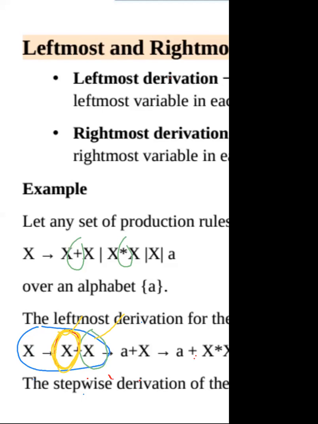If we replace the second non-terminal, that is the rightmost non-terminal on your right hand side, then it will be rightmost derivation. So simply think: on the right hand side you have two non-terminals, X plus X. If you replace the leftmost X, it will be leftmost derivation. If you replace the rightmost X, it will be rightmost derivation.